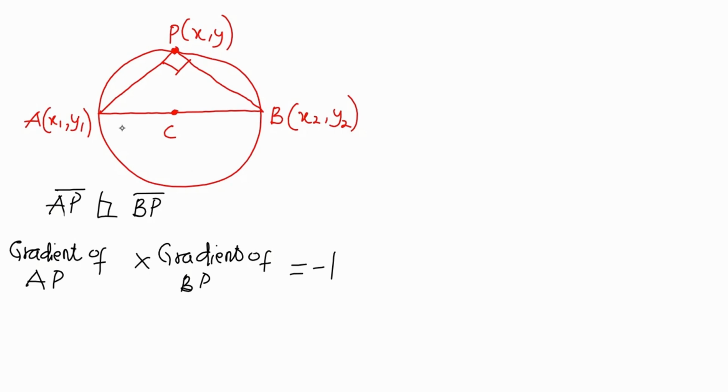If the line AP is perpendicular to the line BP, then when you multiply their gradients, we should get -1. So that is the geometry. It means we have to find the gradient of AP and the gradient of BP, then set the product equal to -1.